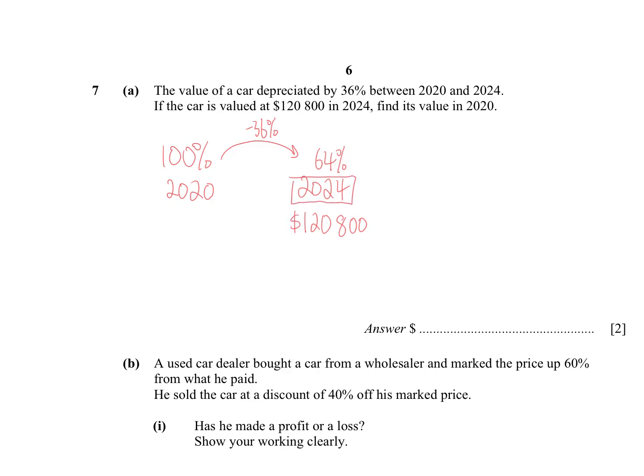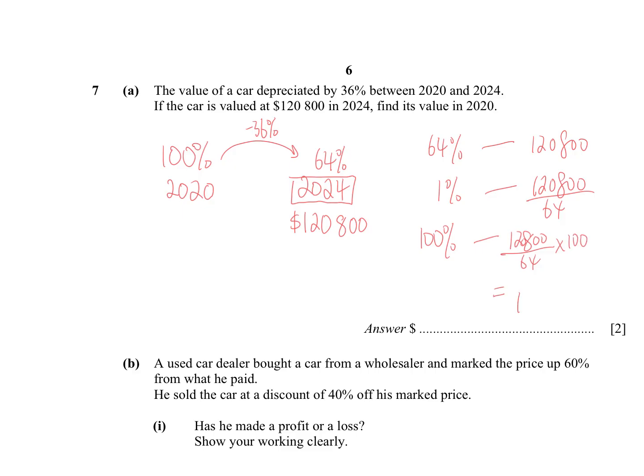So go and find the original 100%. So 64% is 120,800. Find 1%. Find 100. That's all. You're just confused when is the 100 and so on. So you should get 188,750.